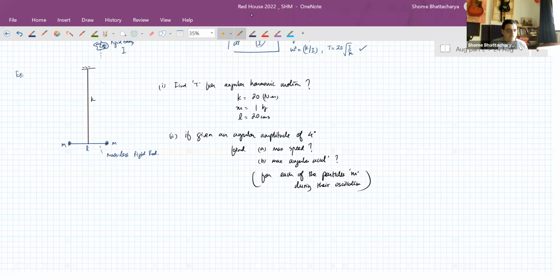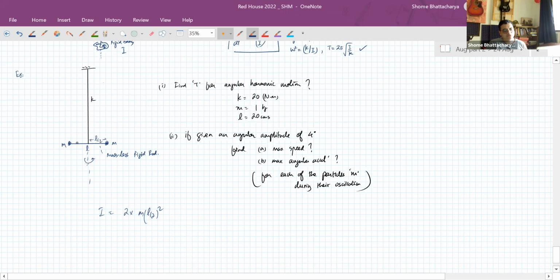Okay, so let's finish off this question fast. So first of all, you can see the moment of inertia of this will become how much? 2 times a particle of mass m lying at the radius of gyration of L by 2 from the axis. This is the axis of rotation. So this is L by 2 for each side. That's ml square by 2.